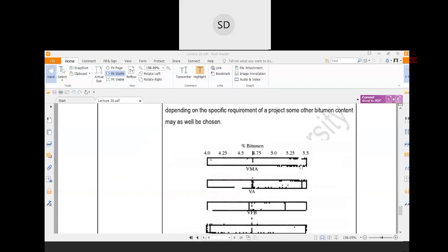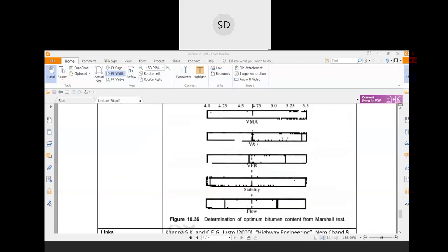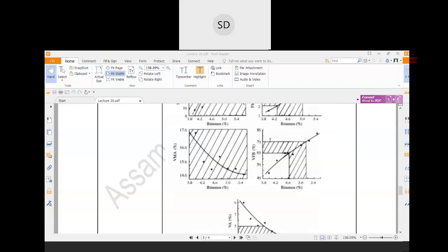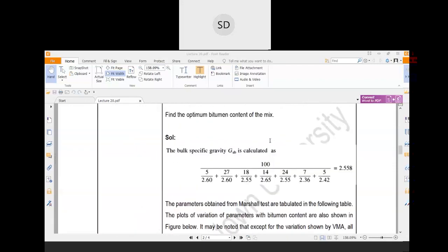Likewise, you have to draw the curve, and after that you will draw one straight line which will intersect each and every parameter at a particular location, which would be satisfied by all the parameters, and that particular value of the bitumen is basically your optimum bitumen content.